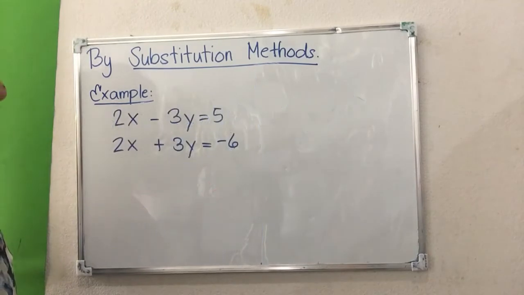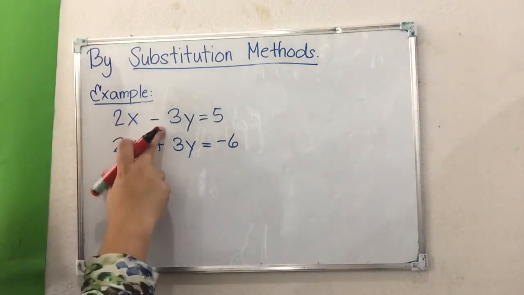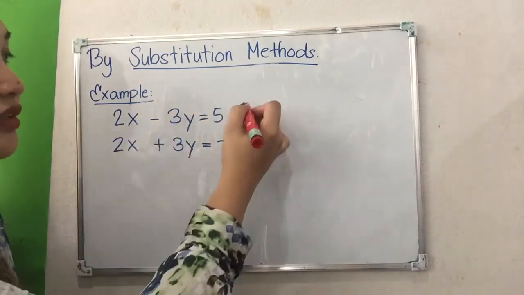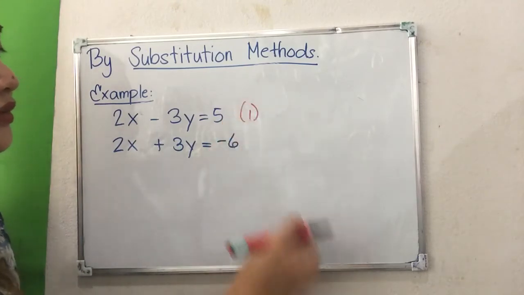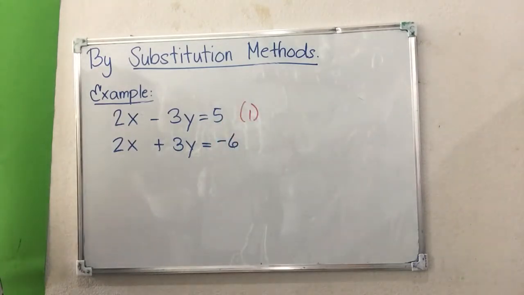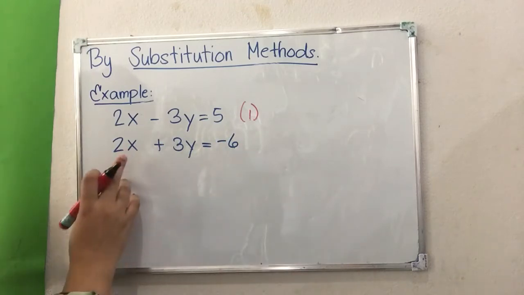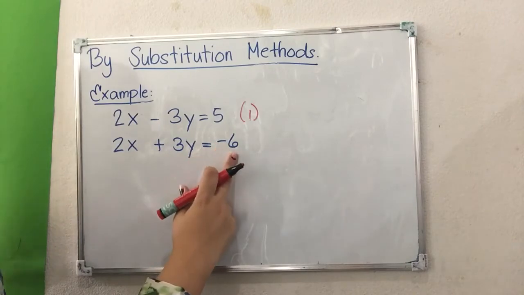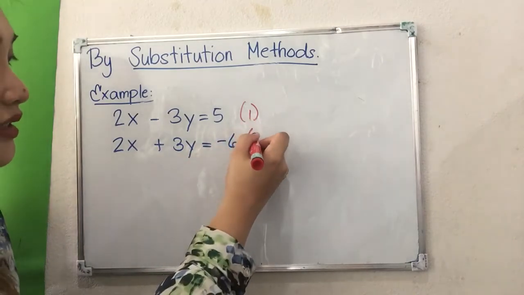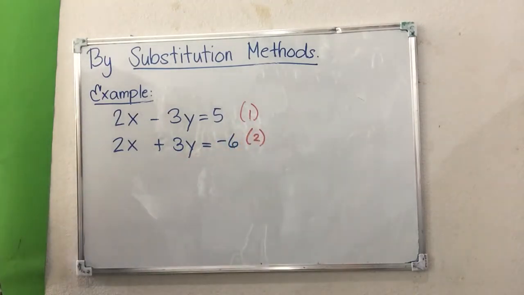I have another example here. We have 2x minus 3y is equal to 5. This is our first equation. The second one is 2x plus 3y is equal to negative 6. This is our second equation.